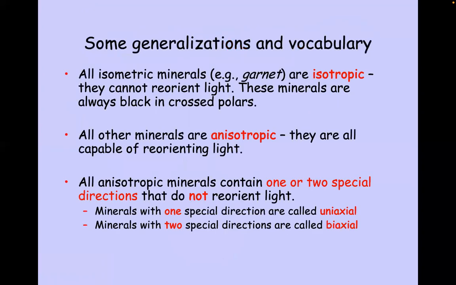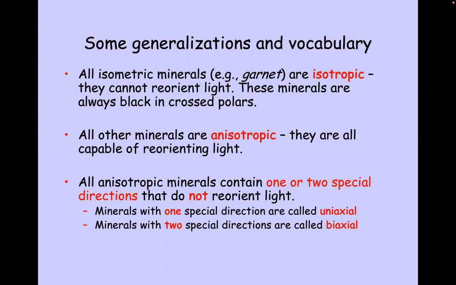If the light passes through particularly along these directions, then even those anisotropic minerals remain dark. That's why, when you have a rotating stage, those minerals become dark at those 90-degree positions, because the light orients in those directions.